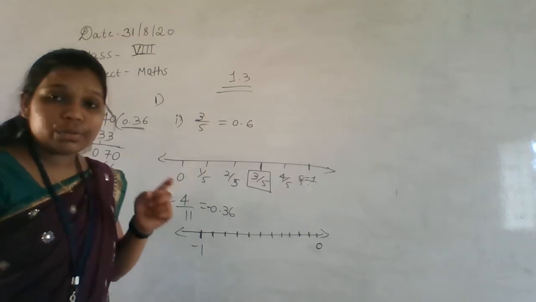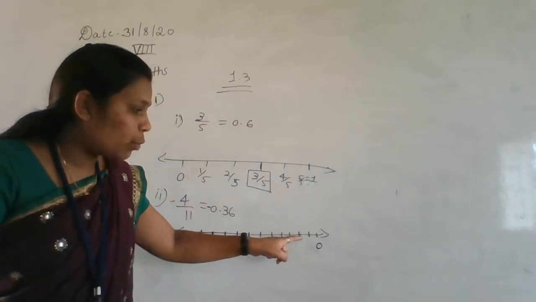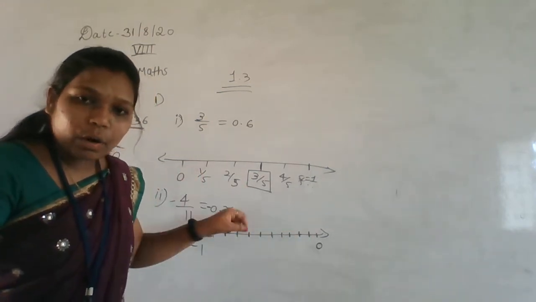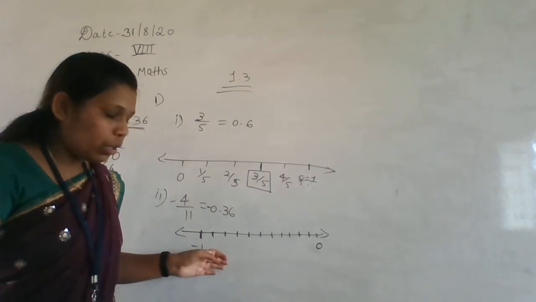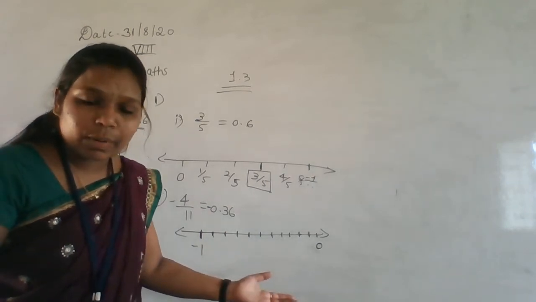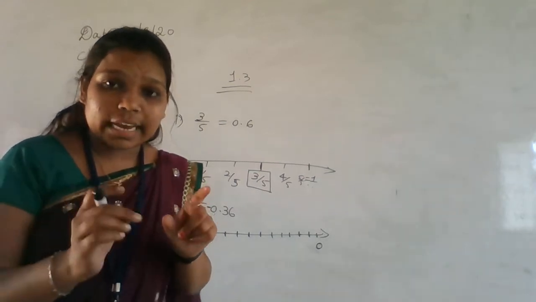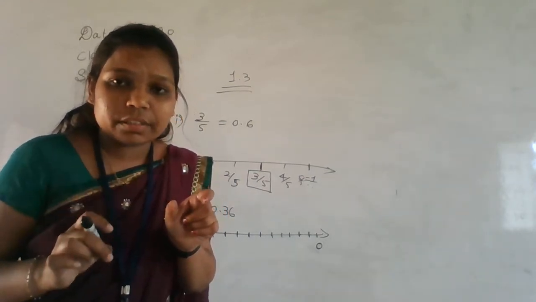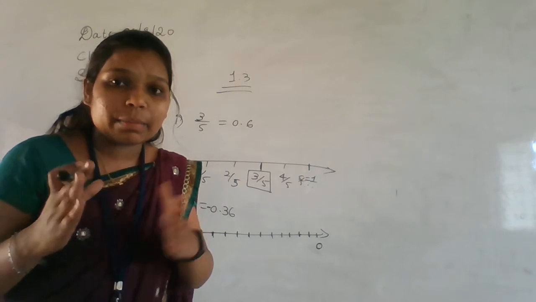Okay. So using a scale of half a centimeter, you have to put a mark on the number line and draw the lines. Here I am not using a scale and these are not equal parts. You have to use the scale and put the marks at half centimeters. Then you will get equal parts.